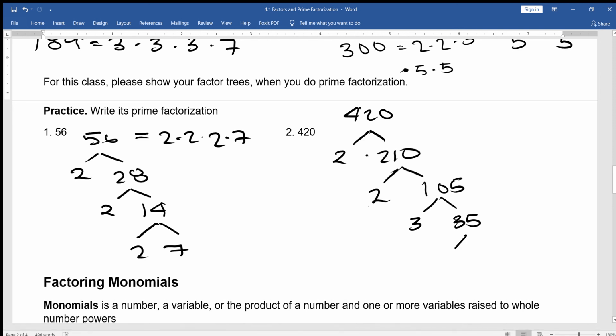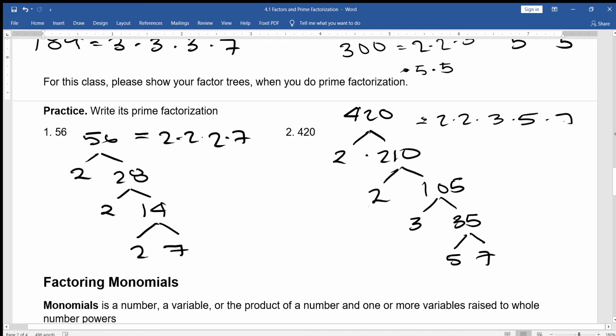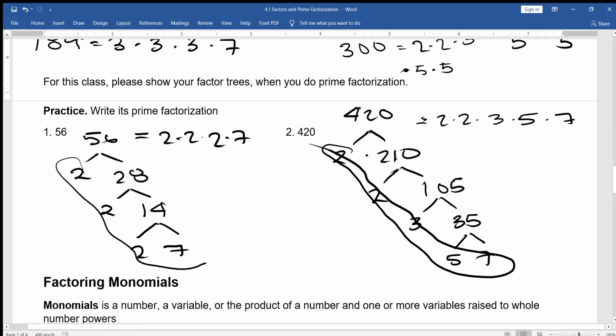And this is simply 5 times 7. Are all of these prime numbers at the very end? Yes, so that means we stop. 420 can be written as 2 times 2 times 3 times 5 times 7. Again, we're just using the numbers at the very end of our factor tree. Nothing fancy, we're just using all the numbers and rewriting it as a product.